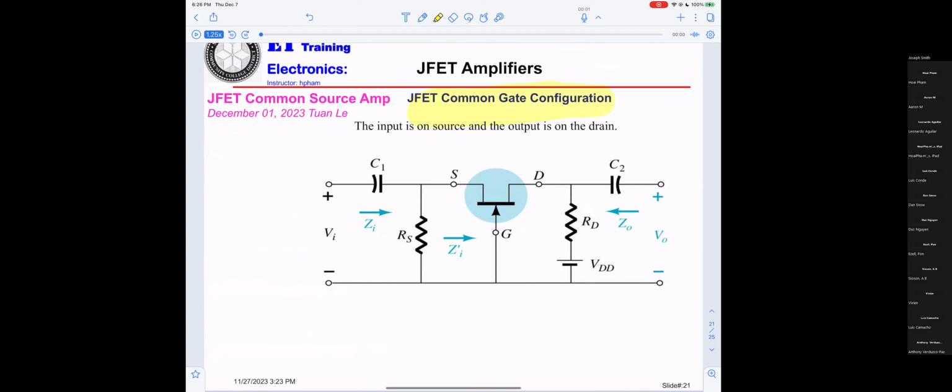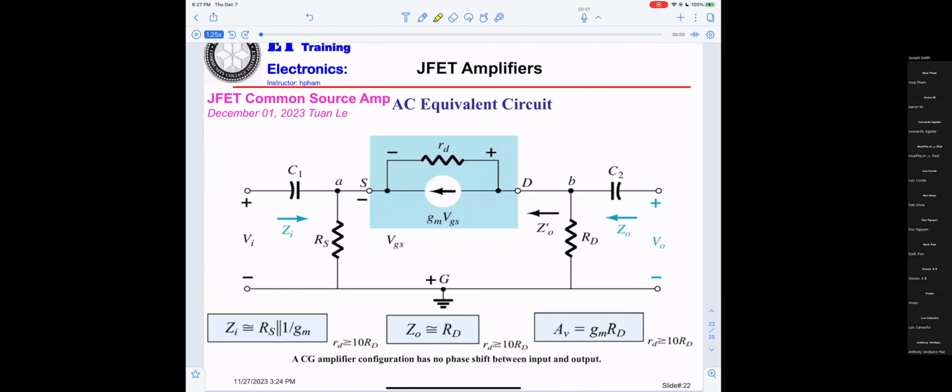Okay. So basically, input here is applied to the source. Okay, output from the drain. Gate will be connected to the ground, that's why it's common. Okay. Let's see what else here. Okay, this is just given to you, the formula.